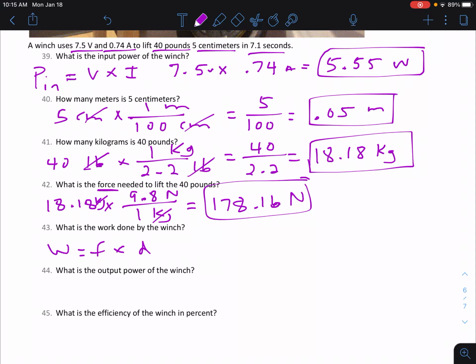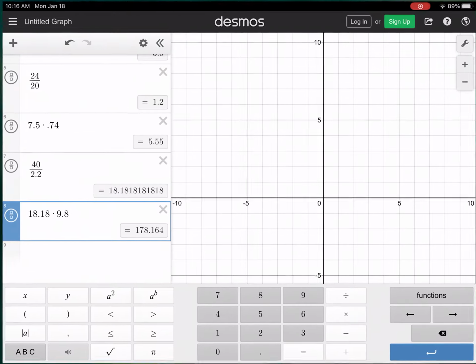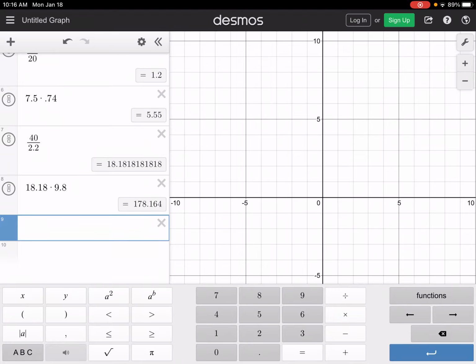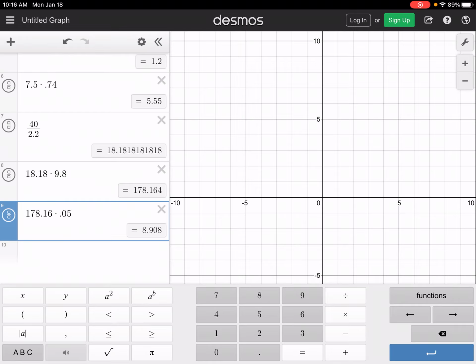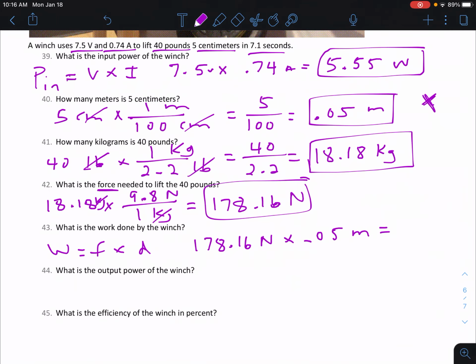We just calculated the force, which is 178.16 newtons, times our distance up here, question number 40, 0.05 meters. 178.16 times 0.05 meters gives 8.908, or 8.91. Newtons times meters is joules, the unit of work.